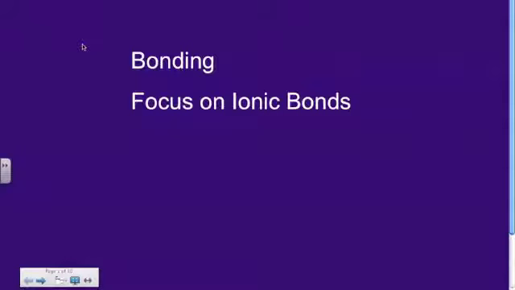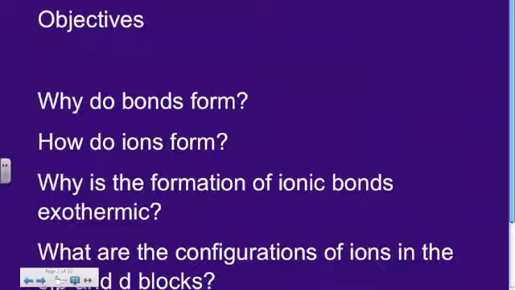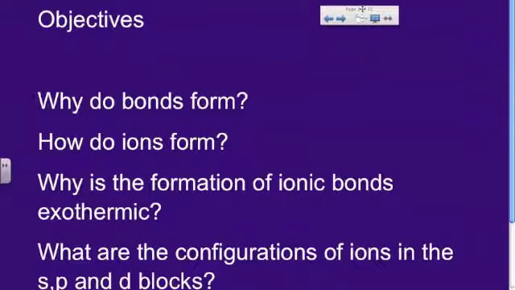In this video, I am going to talk about the basic concepts of bonding, with a particular focus on ionic bonding. Some of the objectives that you should get out of this: you should be able to understand why bonds form. You should be able to understand how ions form.